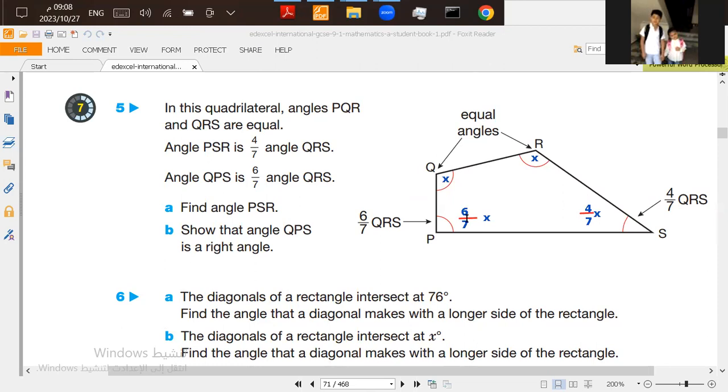I can use these and make an equation with them, so I can solve and find the value of X. Same idea.